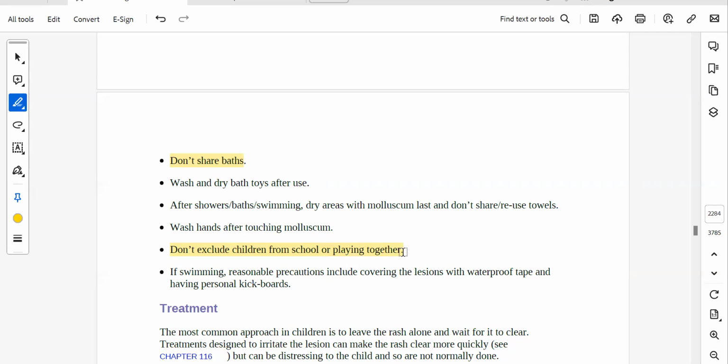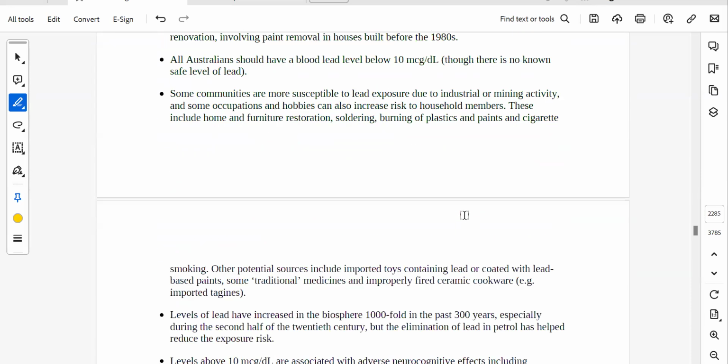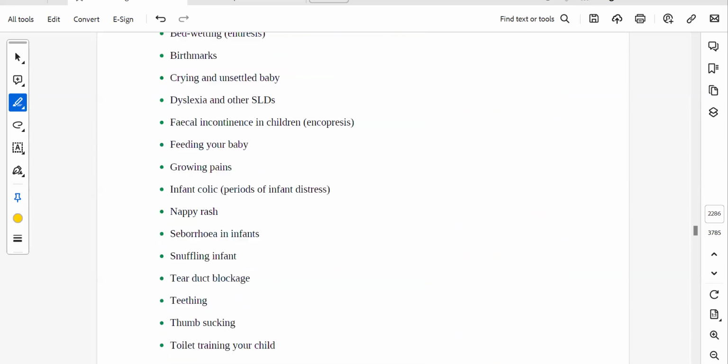For this lesion. So it's not reasonable. Most common treatment is to leave the rash alone and wait for it to clear. If they don't want to wait, then sometimes you can just freeze this lesion. But if there are multiple molluscum contagiosum, freezing the lesion is not practical. So you just need to reassure the parents that it will get better. Okay?